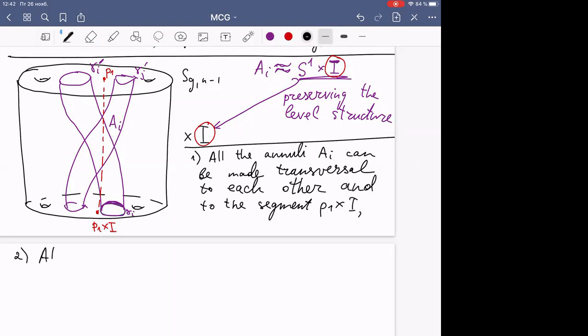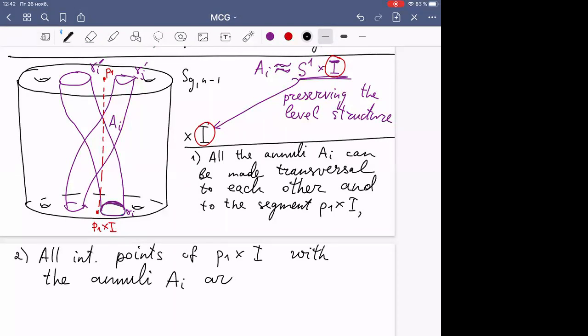So all intersection points of P1 times R with the annuli AI are at different heights.